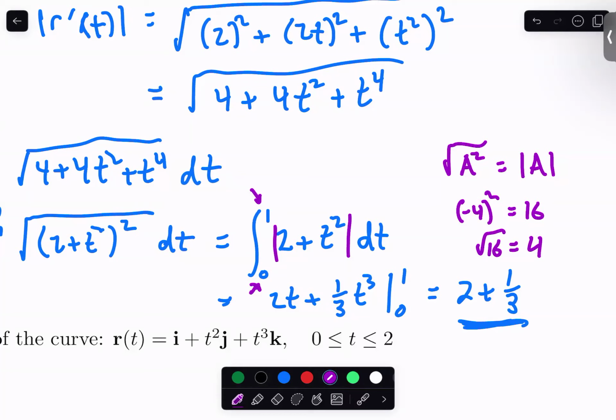They're already positive. If you have something that's already positive, the absolute value doesn't do anything. That's why it was kind of forgivable for me to not include the absolute values there. But you do have to be careful with your bounds and your function and all that sort of stuff. So if you encounter one of these, do think about and make sure that the absolute value truly doesn't matter.